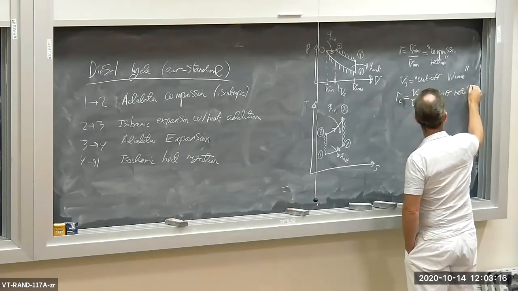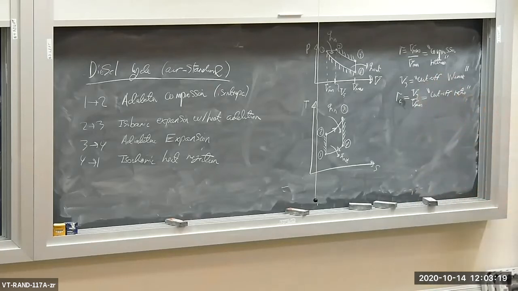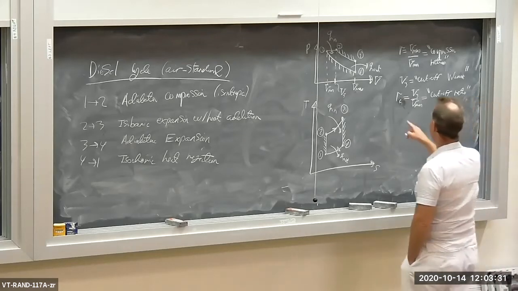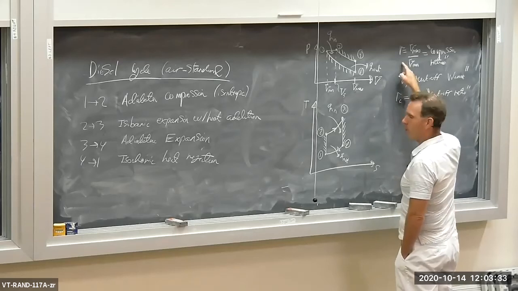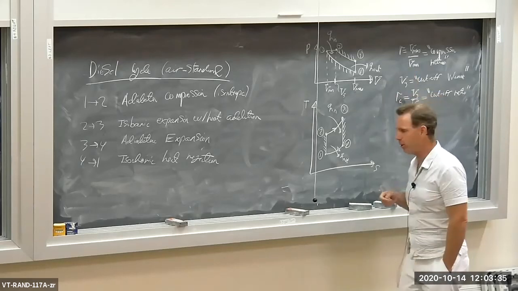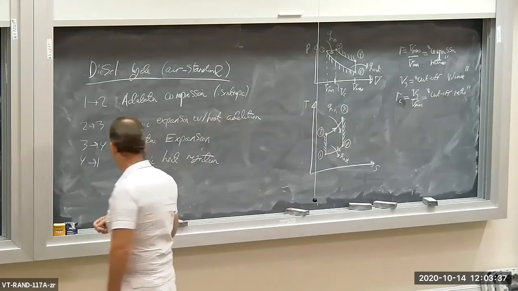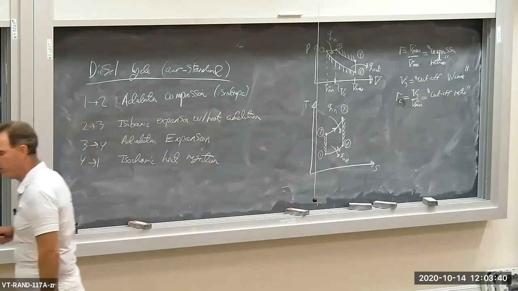So not only do we have the compression ratio, but we have the cutoff ratio as well that describes the diesel cycle. So in the expression for efficiency for the diesel cycle, you have a complicated relationship between the compression ratio and the cutoff ratio, which give you the efficiency of the diesel cycle.